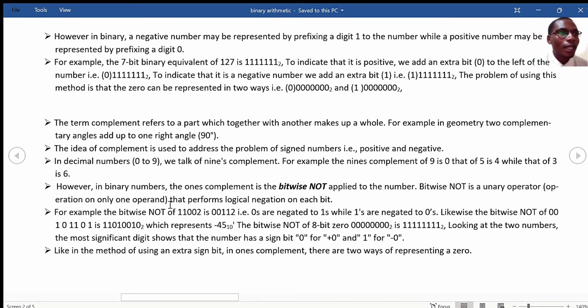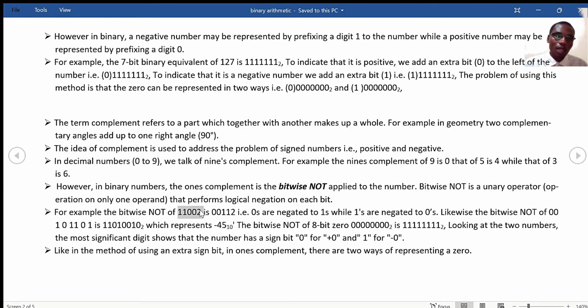So we can say this binary number is a complement of this number. What we do is just negating. To complement binary numbers, you do something known as bitwise not, which is negating ones and zeros, whereby zeros become ones and ones become zeros.